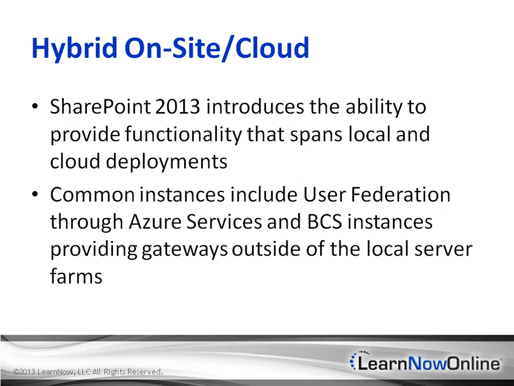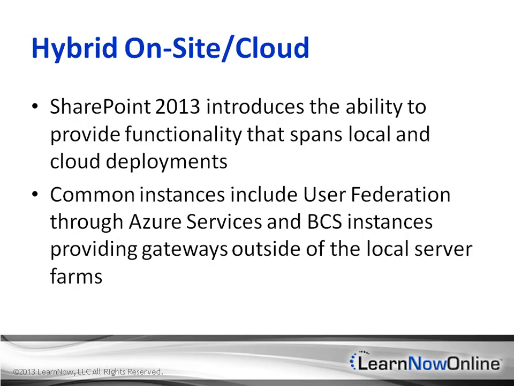Again, a common usage may be user federation services through Azure Cloud Services, so that not only are your internal users provisioned and allowed inside, but your business partners or companies that are outside of your organization can hit your extranet services and get the information that they need. They'll be authenticated. They're managed the same way as your internal users. And through claims-based authentication, you can work through that Azure portal and connect them into your implementations without needing to put anything outside your firewall.